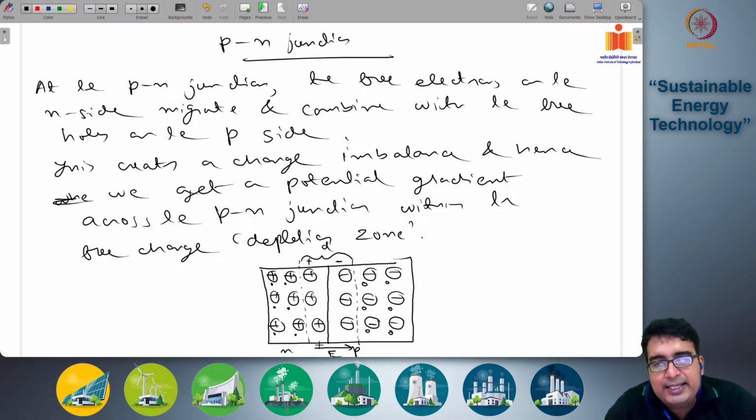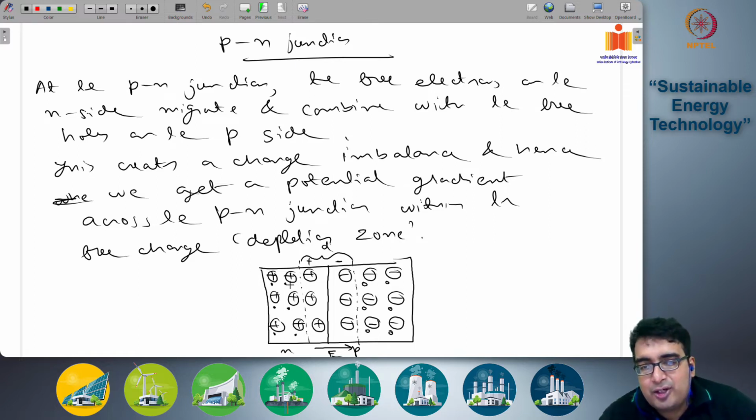Now this potential gradient E means that these electrons have to move against this potential gradient to go to these holes, and these holes also will have to move against this potential gradient to get to these electrons. Okay. Remember, in a potential gradient, holes move from positive to negative spontaneously and electrons move from negative to positive spontaneously.